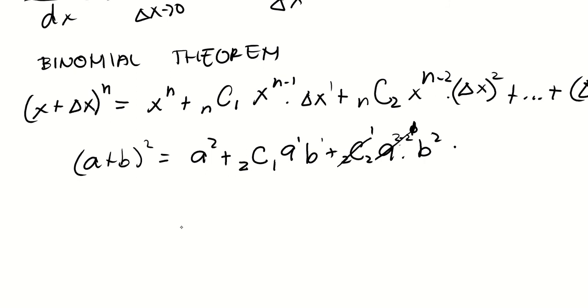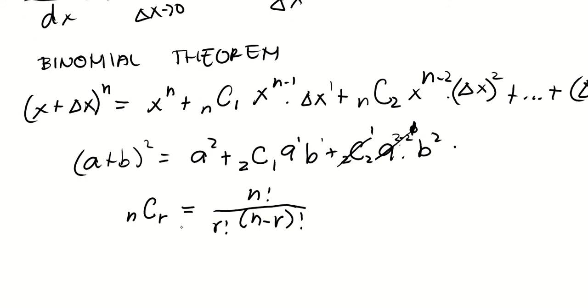You can use your calculator in solving this combination. There's a function in the calculator for nCr. And actually, this is the definition of this combination. nCr is equal to n factorial all over r factorial times n minus r factorial. So what's factorial?